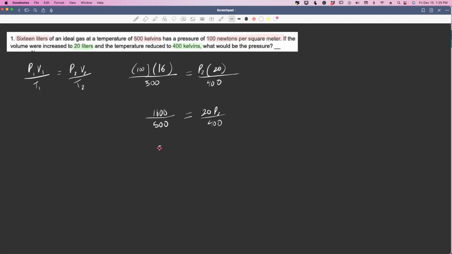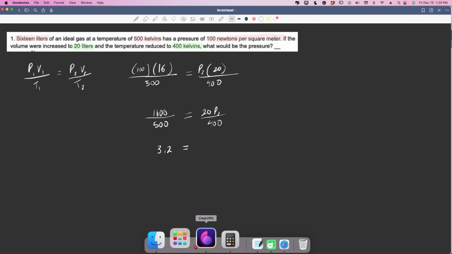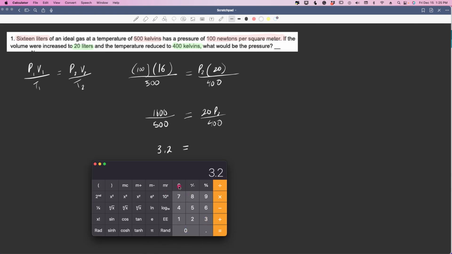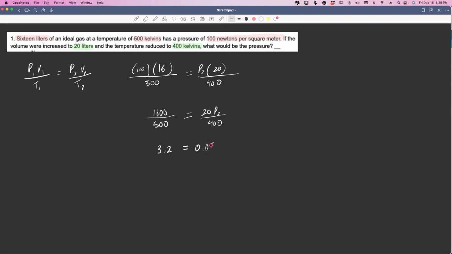So you could do 3.2 on this side is equal to 20 divided by 400, which is 0.05 P2. Divide both sides by 0.05.